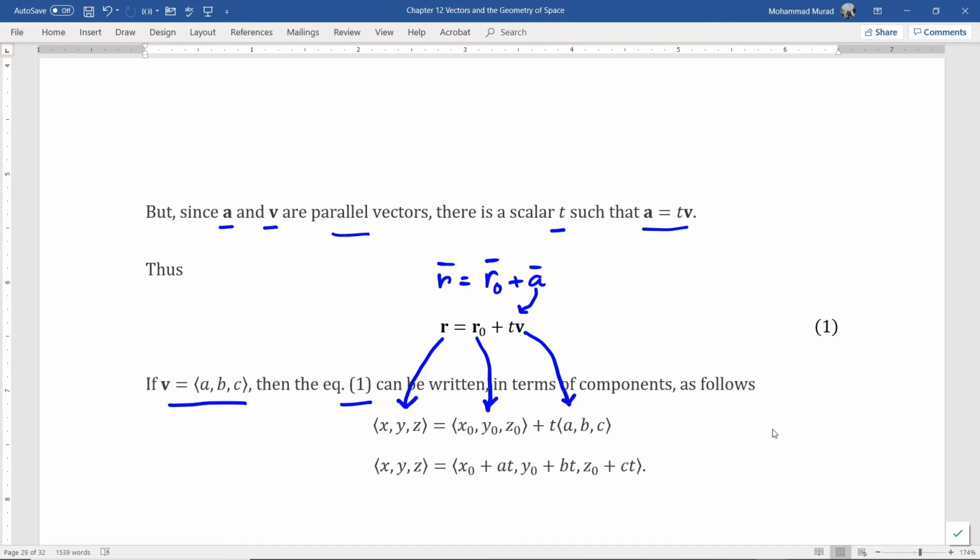Now, if we add the vectors in the right-hand side of the equation, the first component of the vector would be x sub 0 plus a times t. Similarly, the second component would be y sub 0 plus b times t, and z sub 0 plus c times t would be the third component.